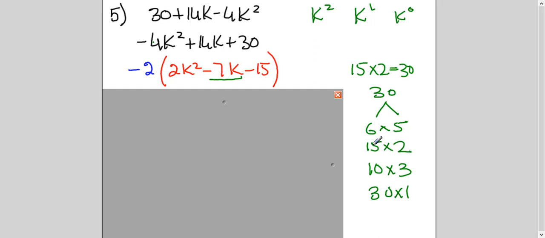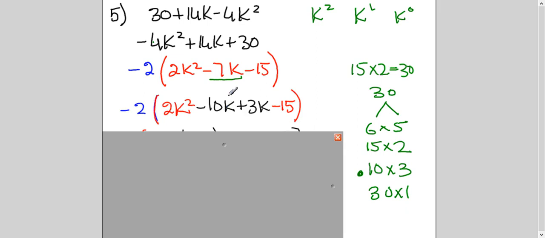So if I see what can give me 7 here, 6, 5, no. 15, 2, no, because 15 and 2 can give you either 13 or 17. Yes, this can give you. Minus 10 plus 3 will give you minus 7. So you will break it up like this. And then after that, you will factorize these two terms and these two terms, just the way I have explained to you.